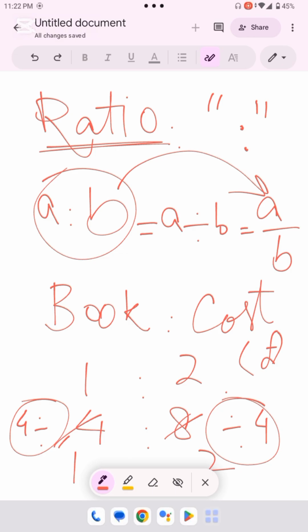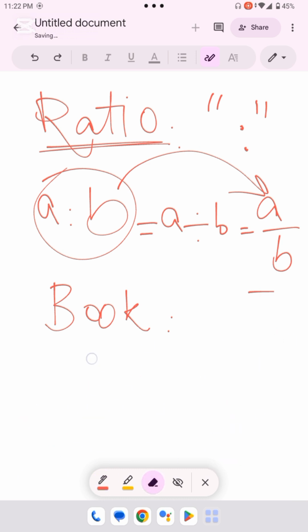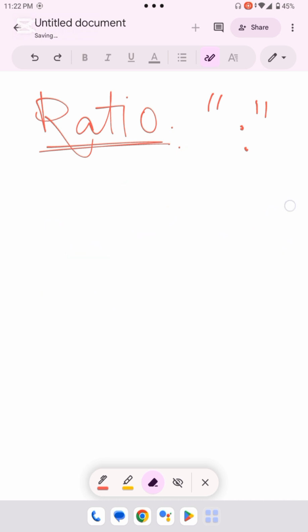Now we try to understand equivalent ratios, because to understand proportion, the topic of equivalent ratios must be known. If you have 2 ratio 3 and 4 ratio 6, they are equal, but in mathematics they are called equivalent.